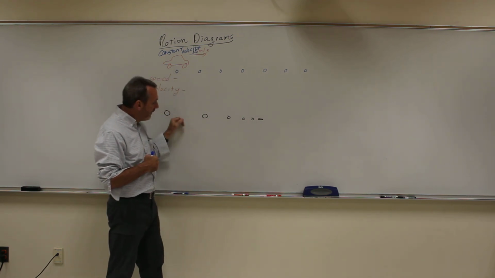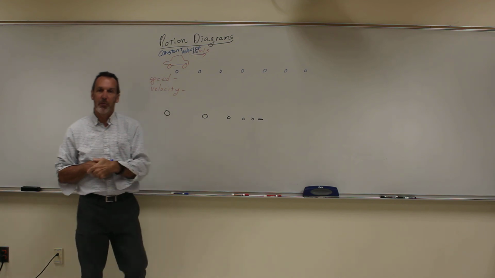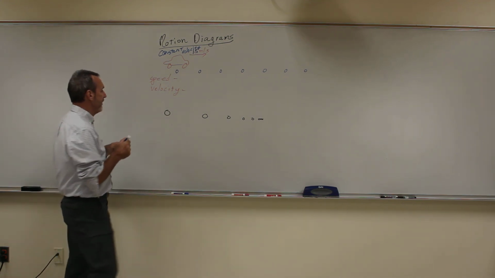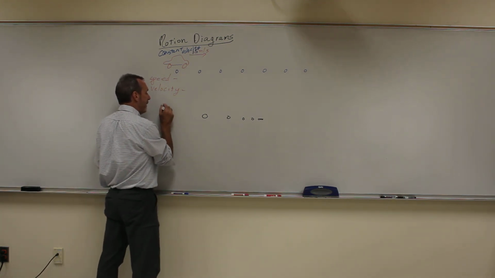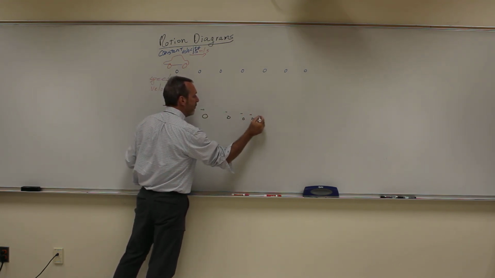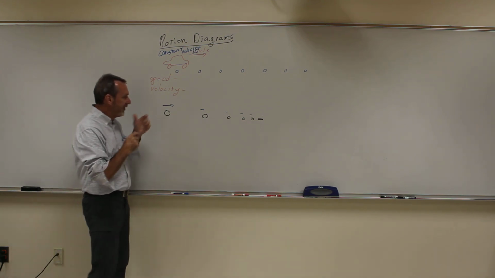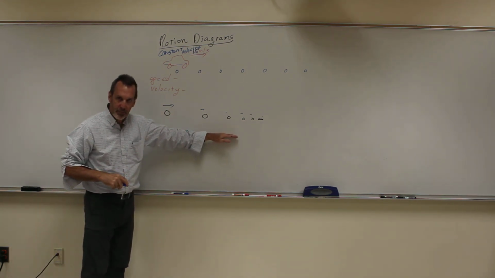So even though the dots are at equal time intervals, the distance between them is getting smaller. That tells us that the speed of this object is slowing down. In fact, it gets to the point here where it stopped. So this object is slowing down.